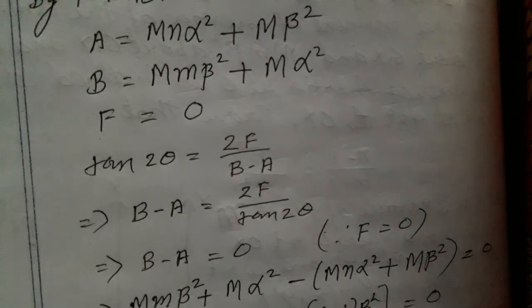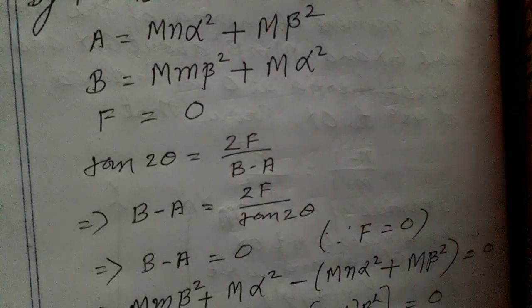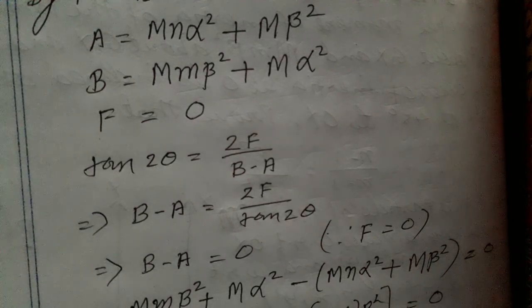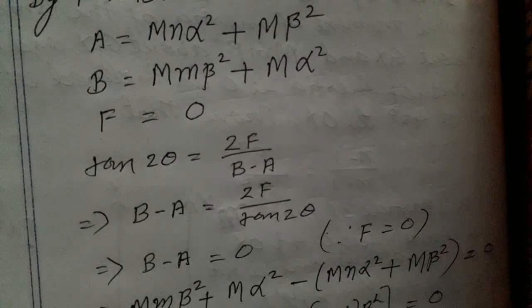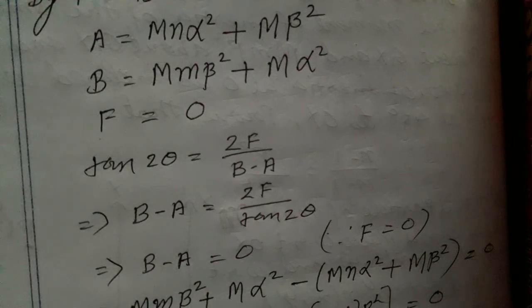Here A is the moment of inertia about Ox, and B is the moment of inertia about Oy. Since the product of inertia is 0, we have tan 2 theta equal to 2F over (B minus A), as we found in the coplanar distribution theory.